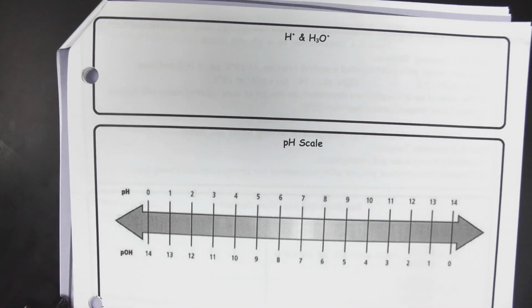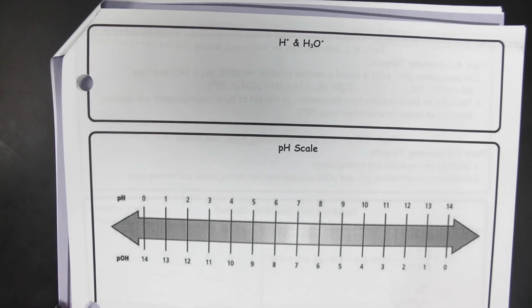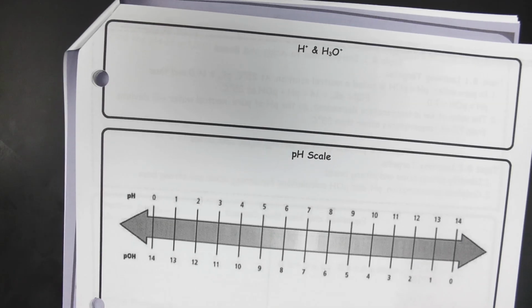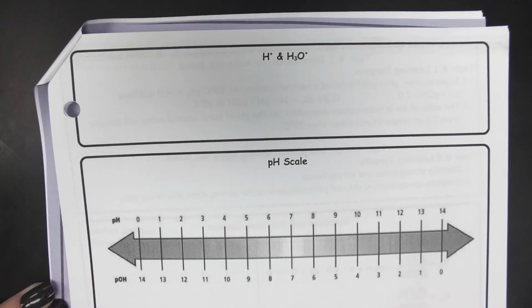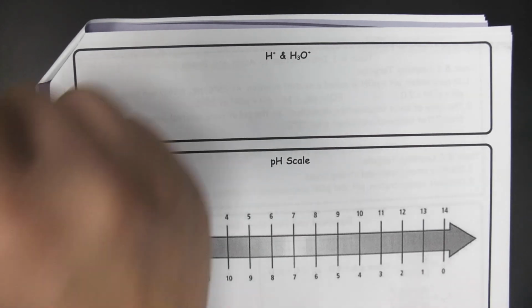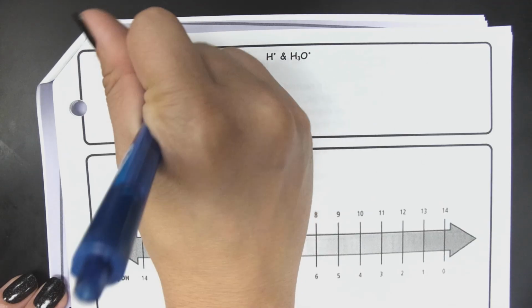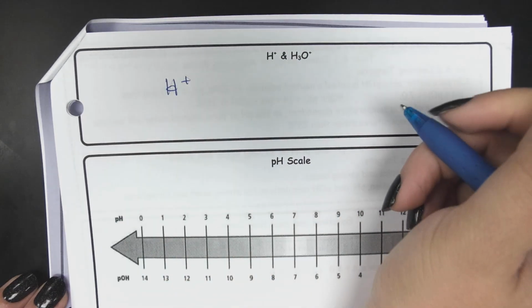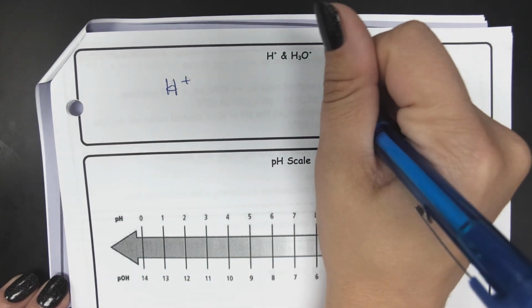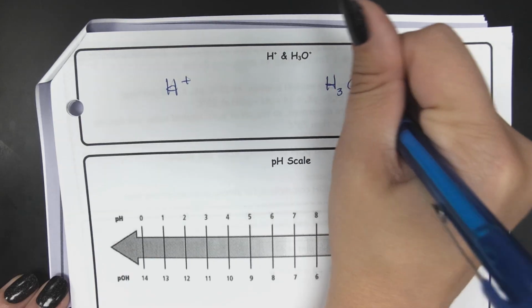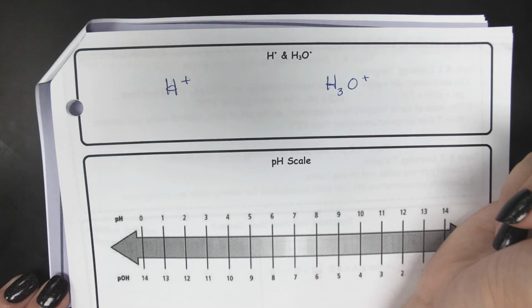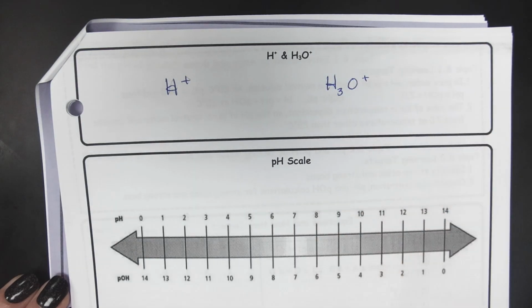All right, we talked about this first part on page 9 a little bit already, but here's what I really, really want you to know. I want you to know that in AP Chem, anytime you see H+, you can replace it with hydronium, H3O+, or vice versa. Doesn't matter, okay? Anytime.